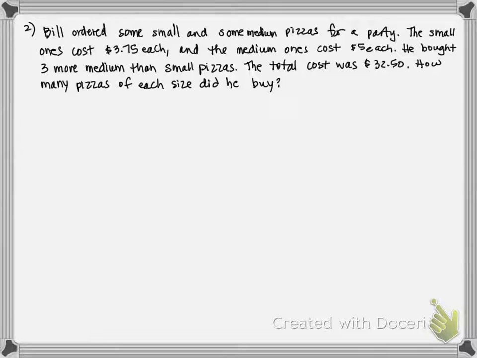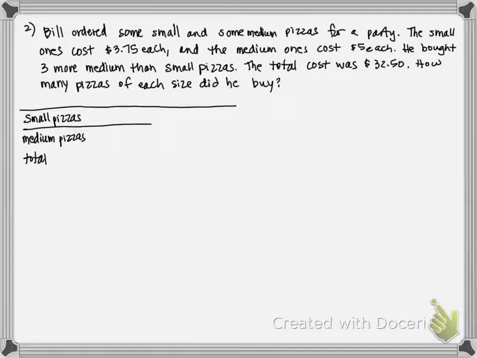So I'm going to do a table again on this one, or chart. So we've got small pizzas, we've got medium pizzas, and then we have total. We're going to have quantity.